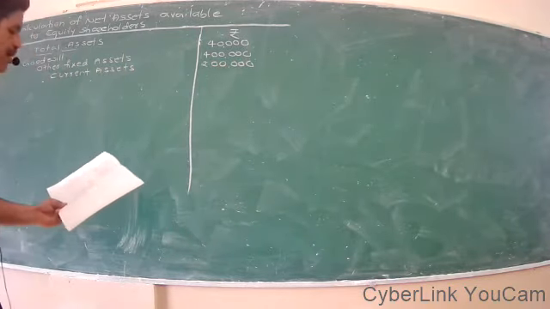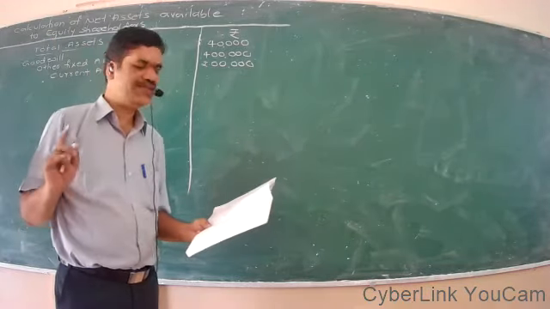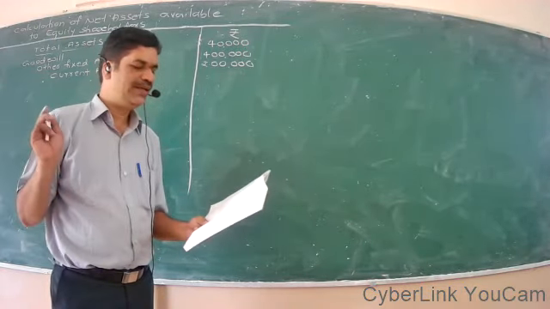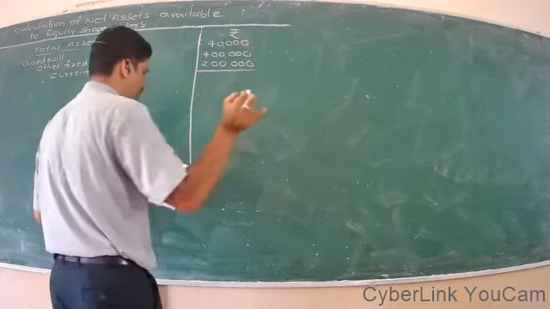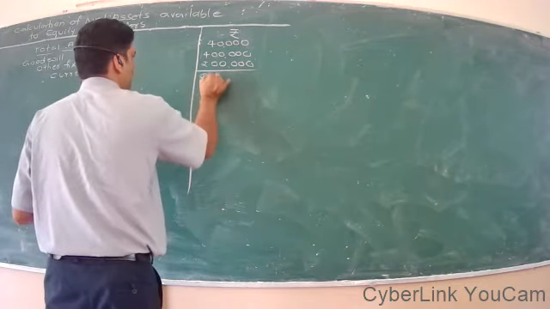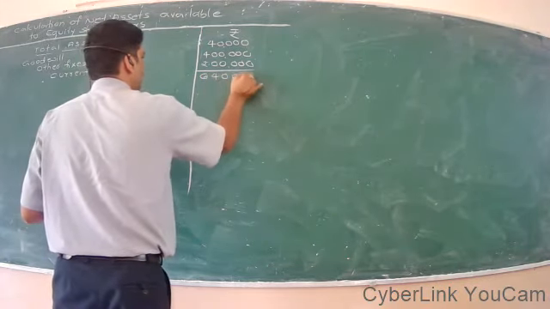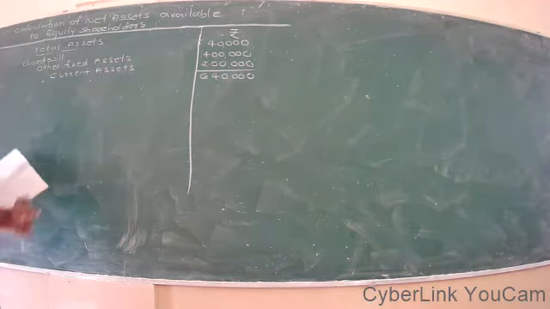Next, preliminary expenses. It is not an asset, it is a fictitious asset and will not be considered. Then the total is 6 lakh 40,000, the total of assets.